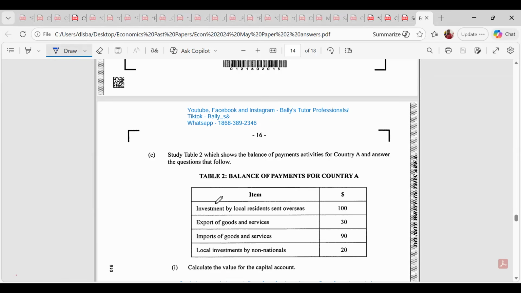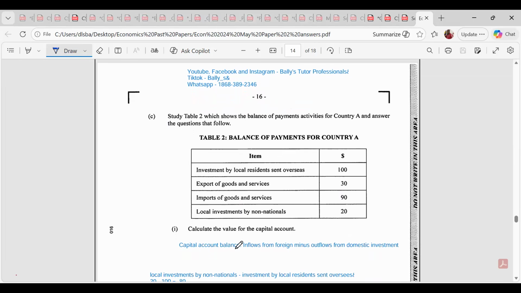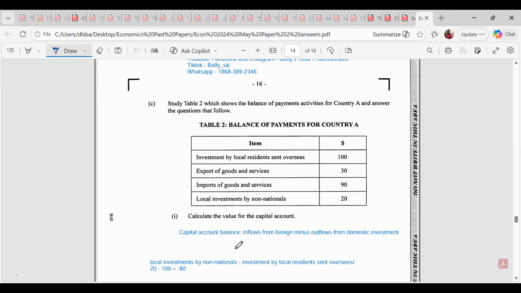What we have to look at is the investments. We have investments by local residents sent overseas and local investments by non-nationals. So the inflow will be the local investments by non-nationals, as that is money coming into the country, this 20.